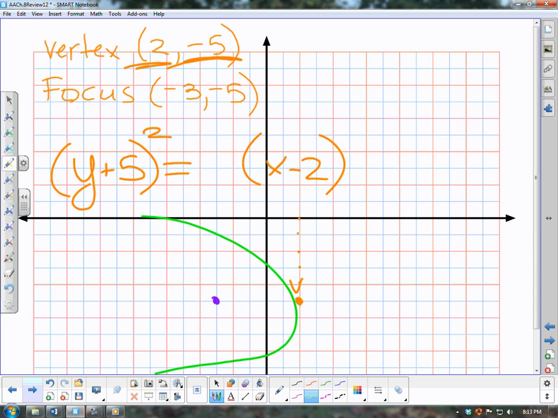Then the value of p is this distance here, which is 1, 2, 3, 4, 5. So p equals 5, but it's to the left, so it's a -5. So we'd have a -20 for our value because it's y squared equals 4p x. And so here's the equation.